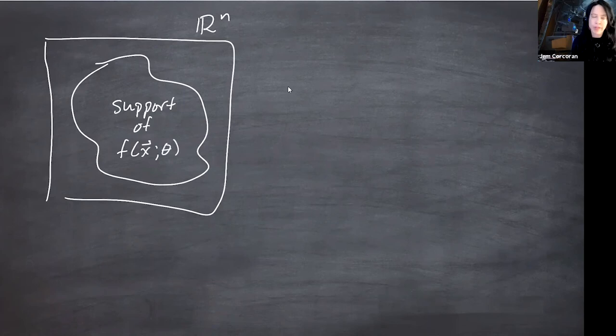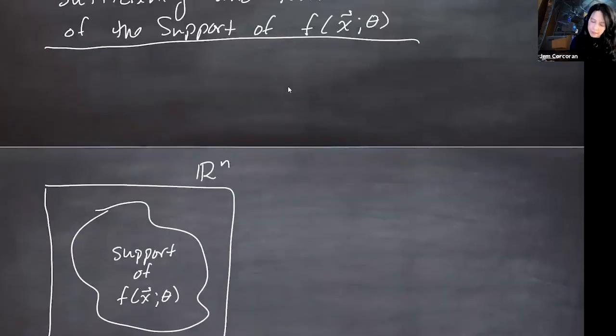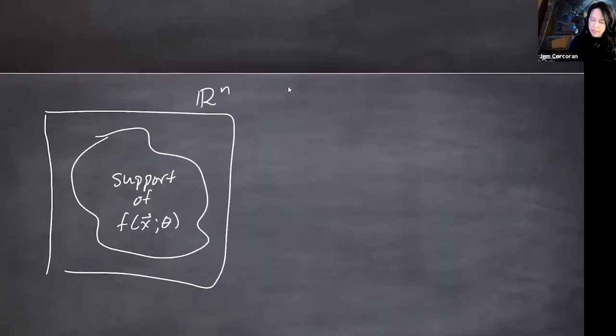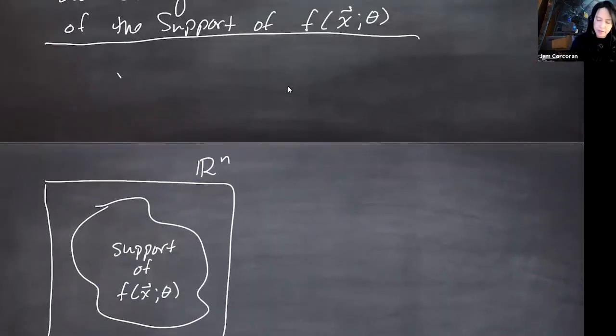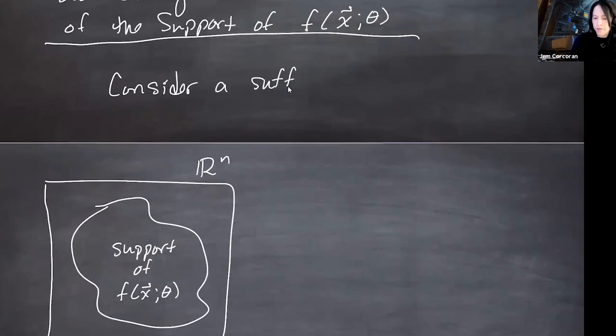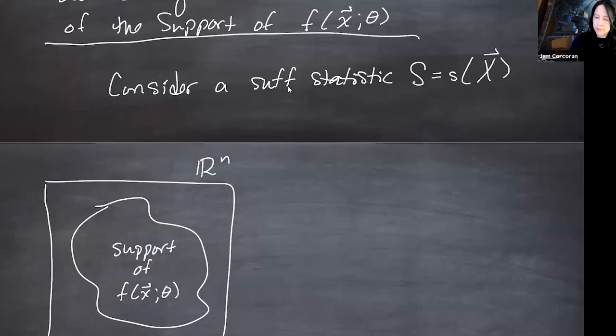So the joint PDF is 0 outside of this set and non-zero in the set. And I want to consider a sufficient statistic S, which is going to be some little s of the vector x.